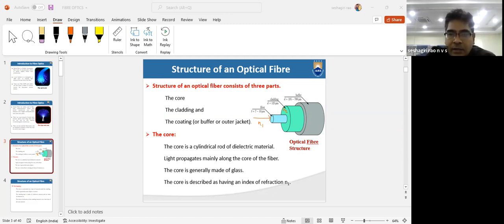This is what we need to understand regarding the principle and construction of optical fiber. Tomorrow we'll see what parameters are required, and how to understand the acceptance angle and acceptance cone.